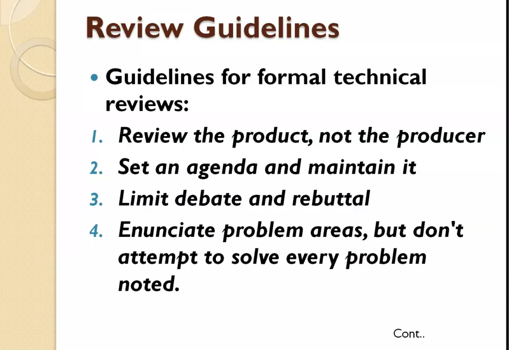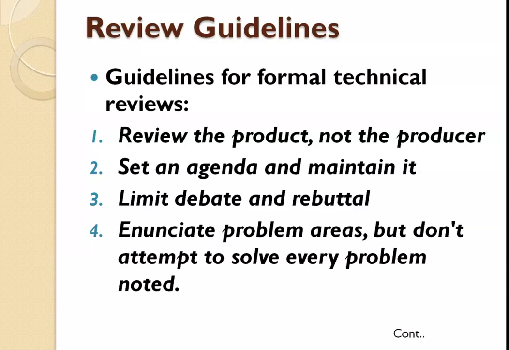The first guideline is, we have to review the product, not the producer. What is the meaning of it? Review the product. So who is the producer? One who is going to produce, one who is going to explain about the project or the product.